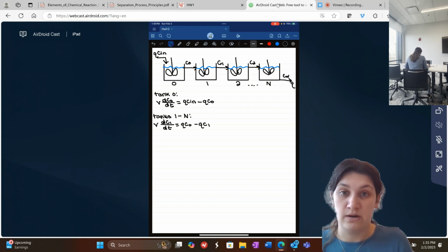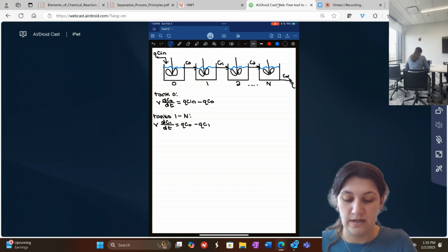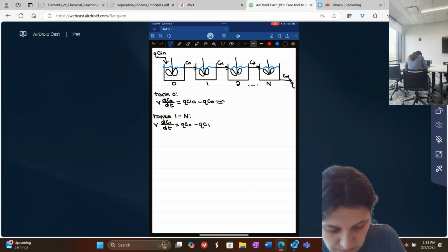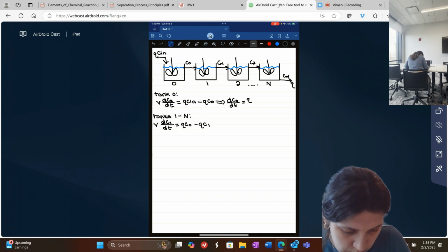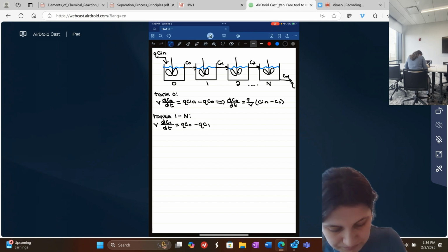Now to isolate our derivative on the left-hand side, we're going to divide both sides by V. We do this for both equations. So dc0 over dt is equal to Q over V times C in minus C0.